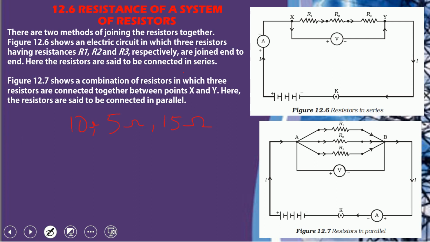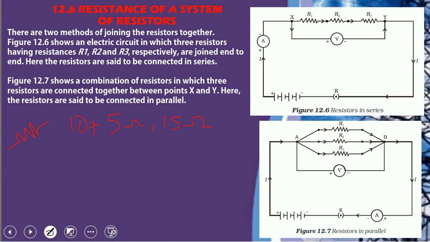How many resistances are there? 3 resistances. We are provided with 10 ohm, 5 ohm and 15 ohm. This much resistance is available, and resistance is represented like this.